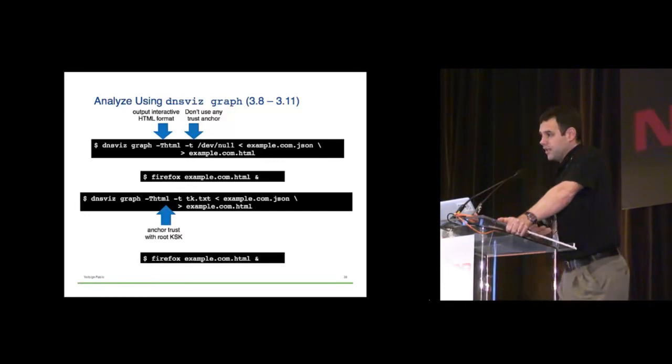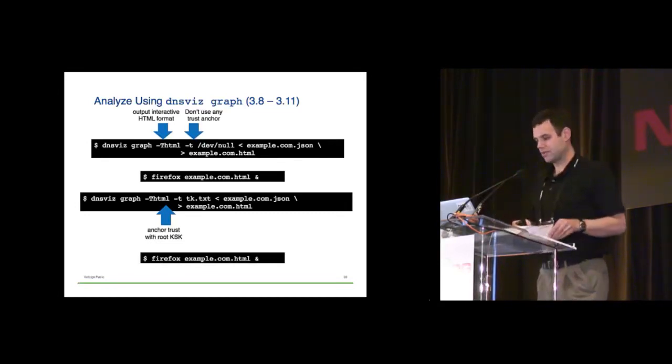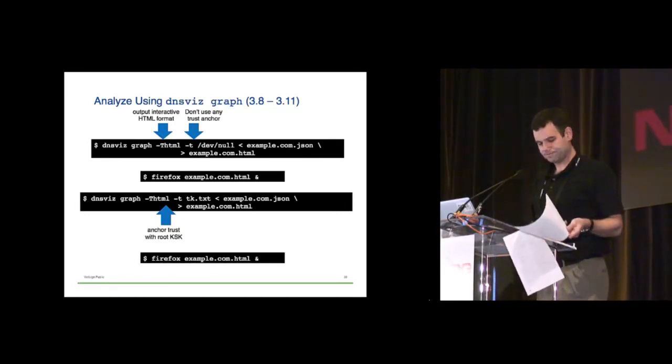You'll notice that I've asked you to do it twice: first time without a trust anchor, and the second time with a trust anchor, to learn a little bit more about what it means to actually have a trust anchor and what the output differences are in that.